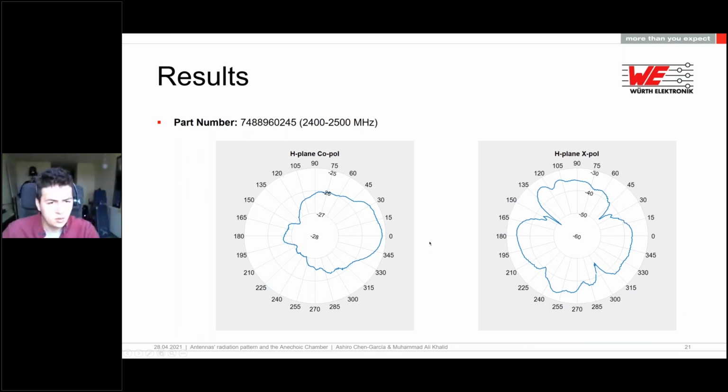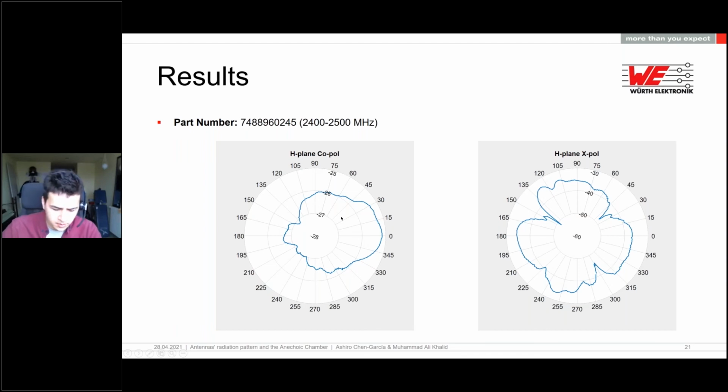So normally what is of interest for us is the copolarization. As you can see on the left side, the copolarization, the differences between maximum and minimum are around 2-3 dBs, which in terms of an antenna is really low. And you can see the omnidirectional antenna here along the whole 360 degrees.